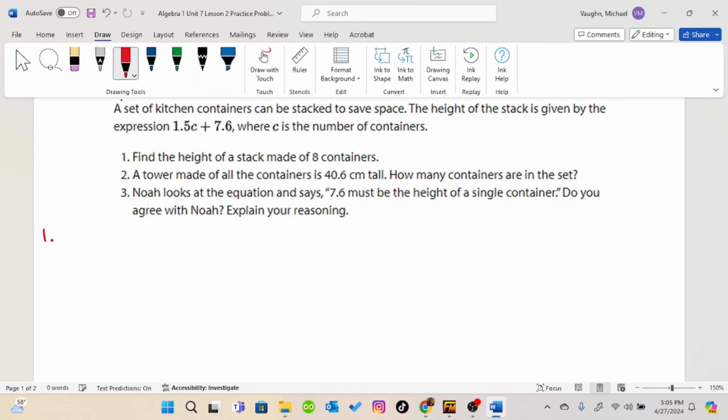For number 1, we would simply substitute 8 in for c.